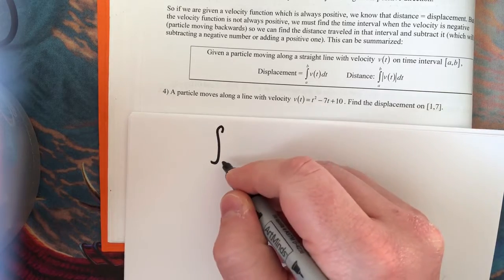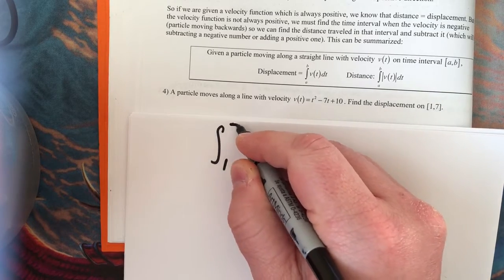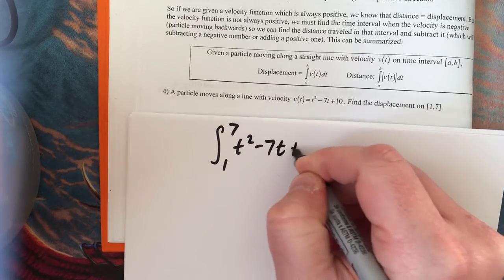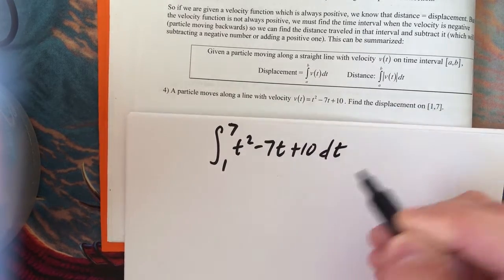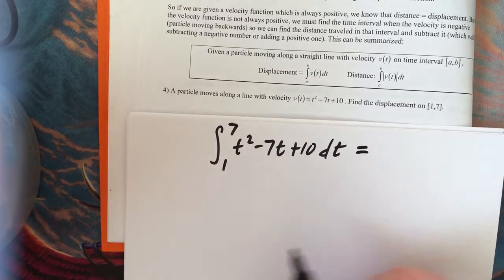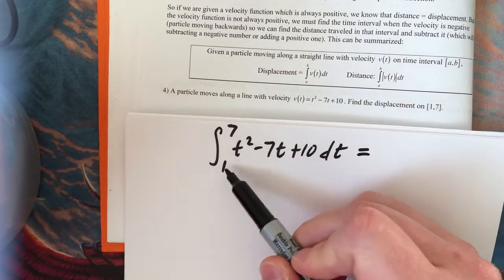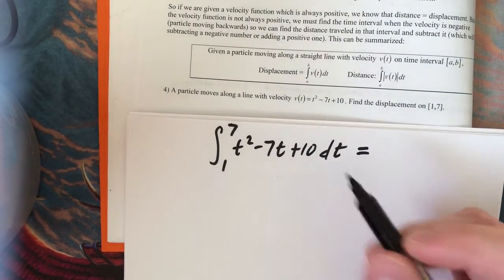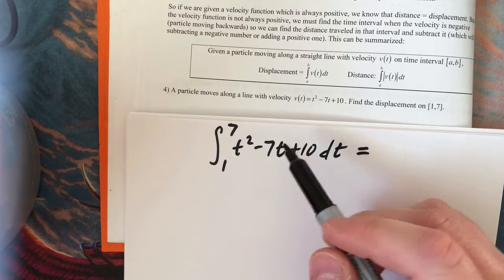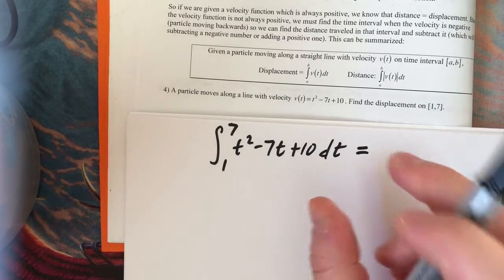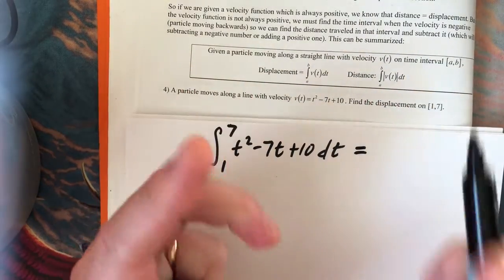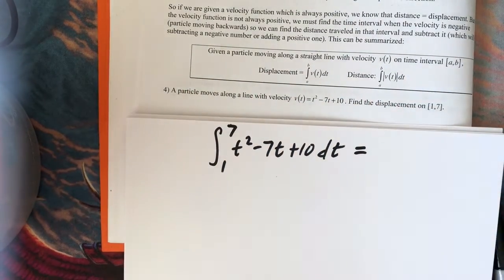I care about the idea here that if we go from 1 to 7 and we integrate velocity, this will give us, start to finish, how far away you are from your start. So take this integral and you'll know how far you went, how far you displaced yourself. I just use the words. So I'm gonna grab my calculator.